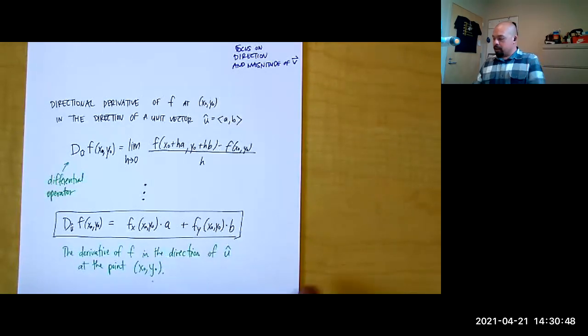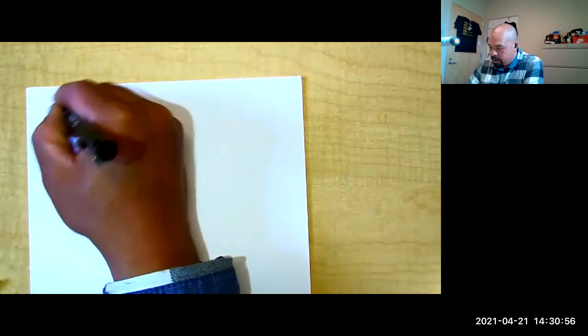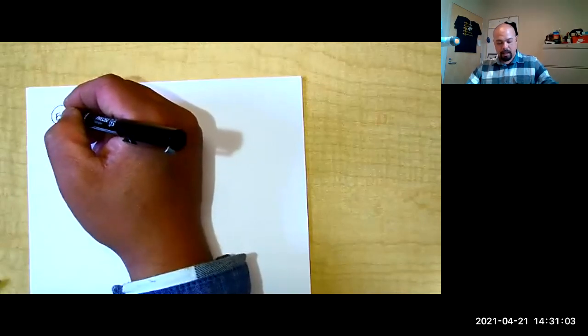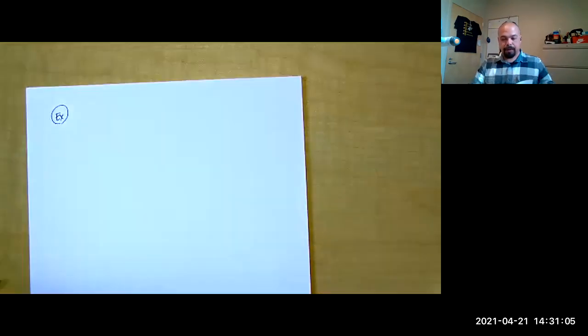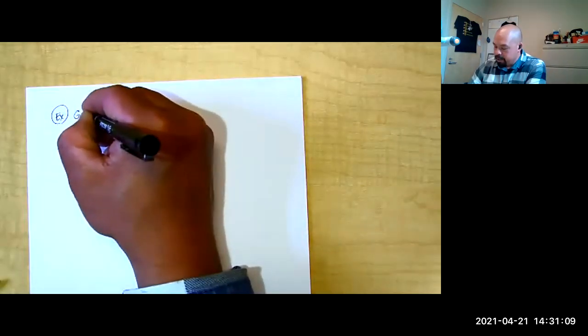Okay, so let's look at an example. Then we can get into some notation, some discussion with that gradient vector. Okay, so for example, let's check out the book real quick. Here we go. So let's say we're given this function.